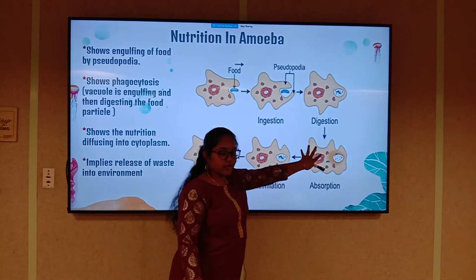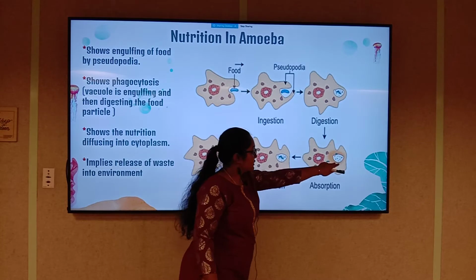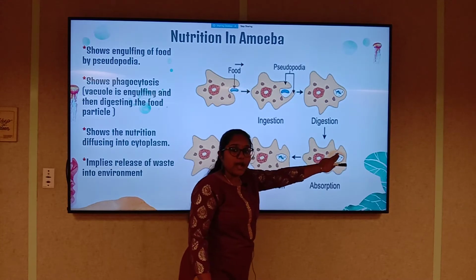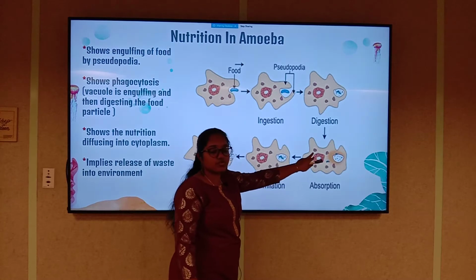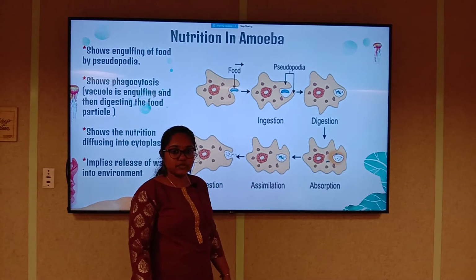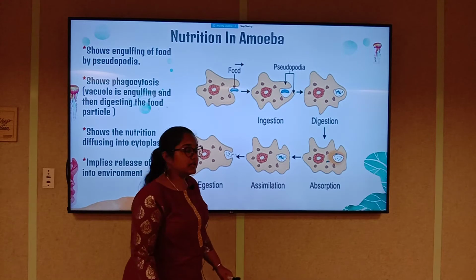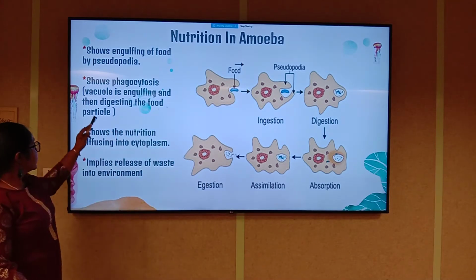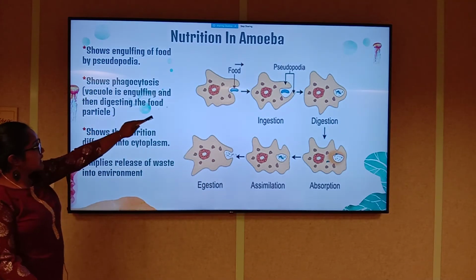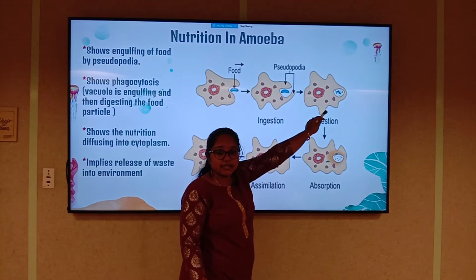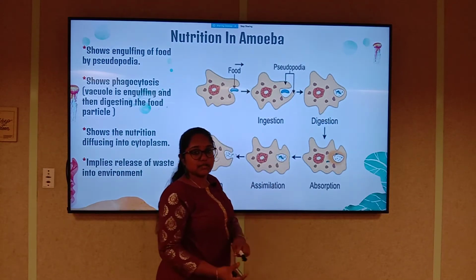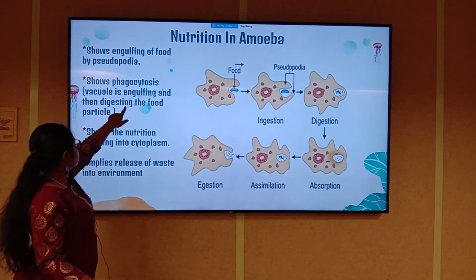Now this is the body of the amoeba. So from this food vacuole, after the digestion, the nutrients are getting diffused into the cell cytoplasm so that it utilizes it. Clear? That's what I have mentioned. Shows phagocytosis for the third step. The food vacuole has enlarged and taken the food particle inside it. That is called phagocytosis.